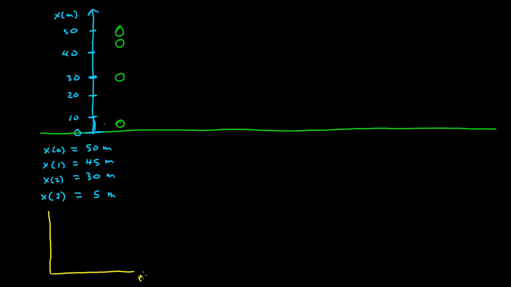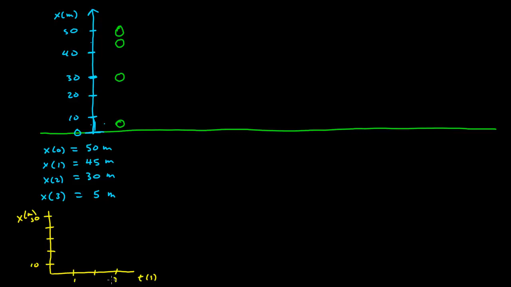So this is now time in seconds. This is now position in meters. So 10, 20, 30, 40, 50. And then 1, 2, 3. I'm not going to put in all the numbers. You get the idea. That's 50 up there.